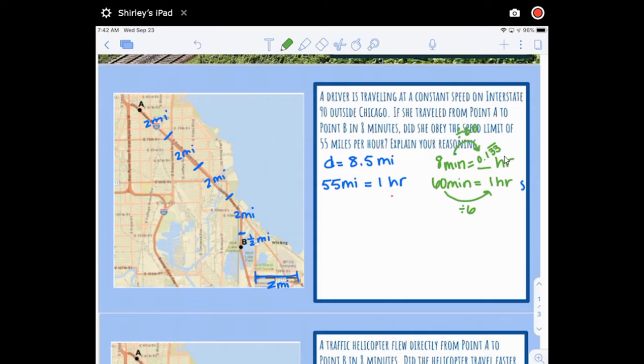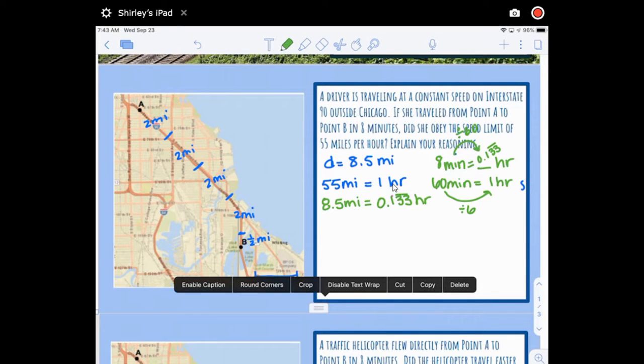And again, I'm looking for how many miles we can go in 1 hour. Right now, I know that my driver went 8.5 miles in 0.13 repeating hours. Again, this is what I'm looking to get.